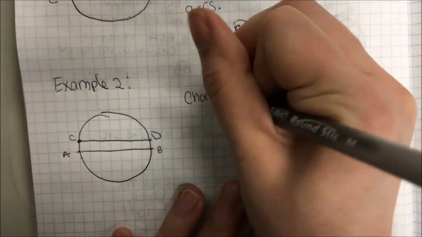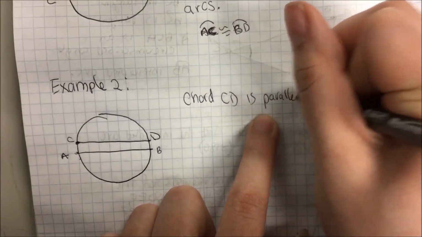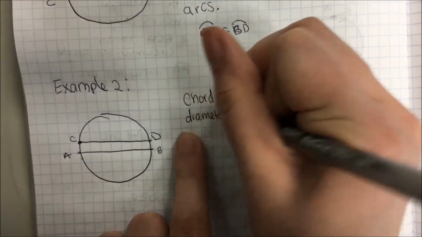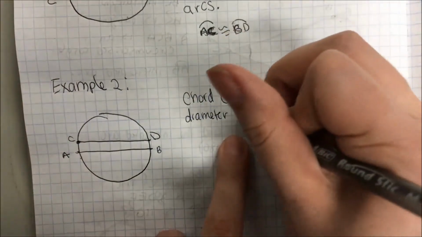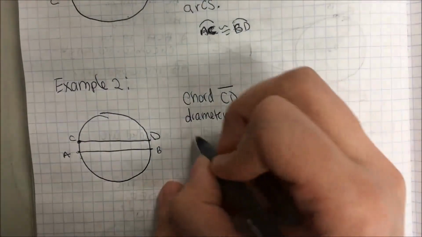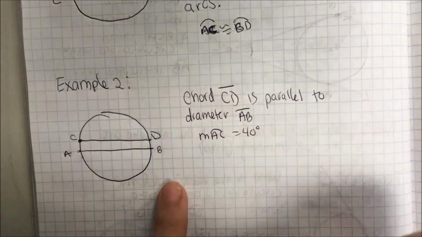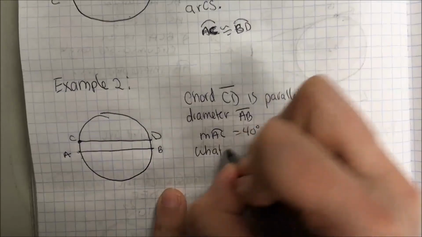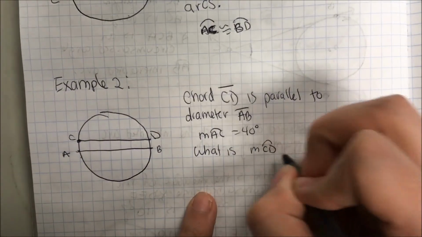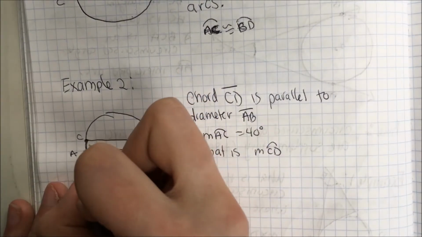So we have chord CD is parallel to the diameter, which is AB, and we're given that measure of arc AC is 40 degrees. So we want to find what is the measure of arc CD. So we have that this arc here was 40 degrees.